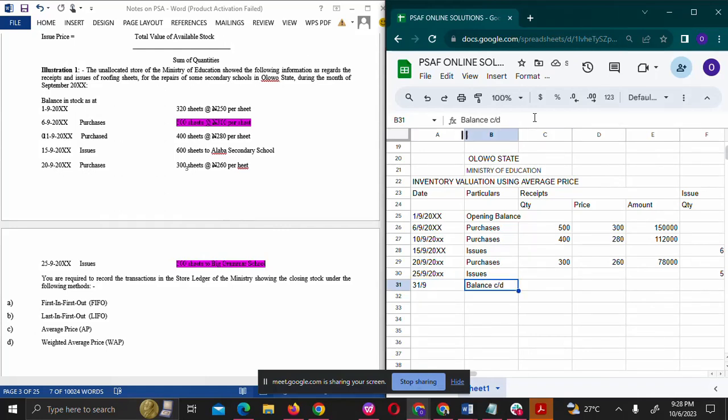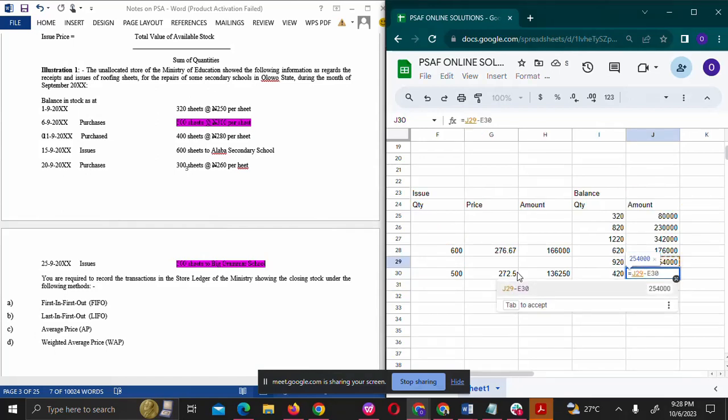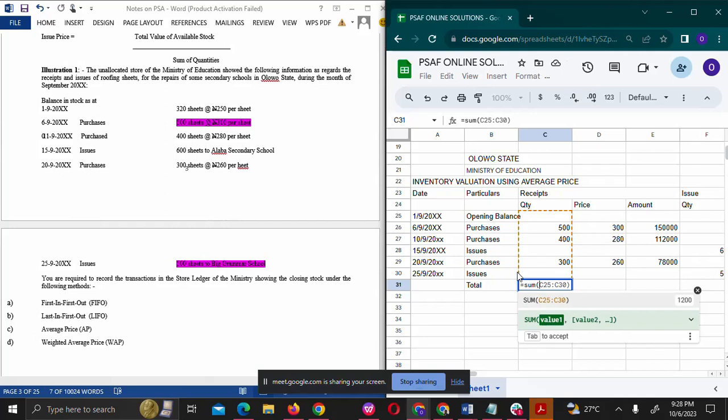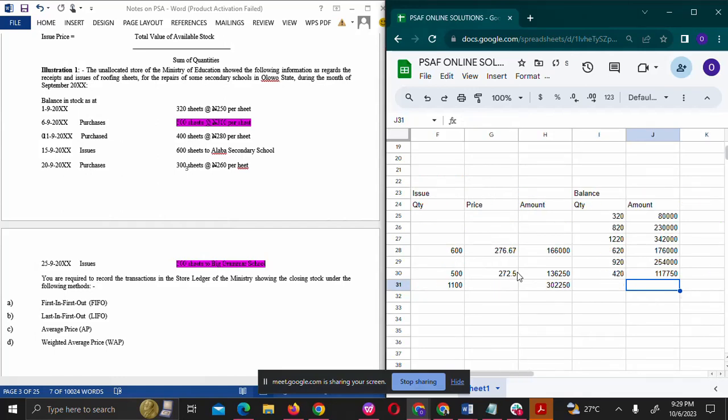For here, you have 500 minus 920, and you have 2500 minus 136,250. So your total here would be for total.